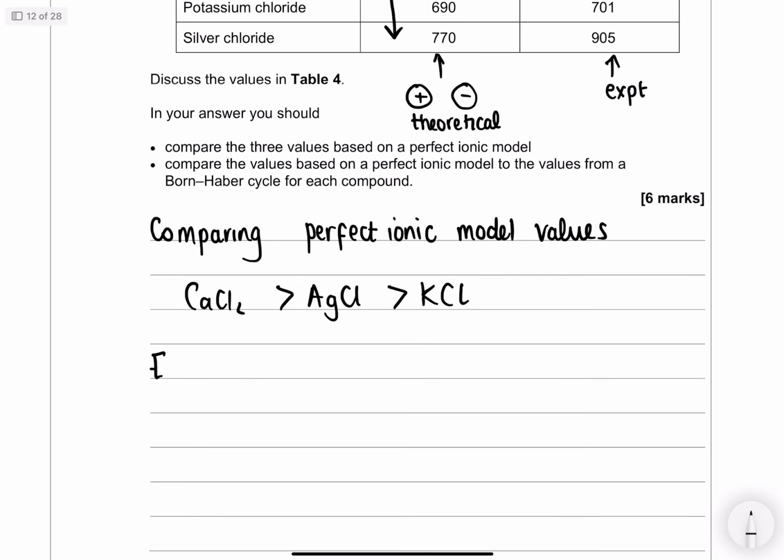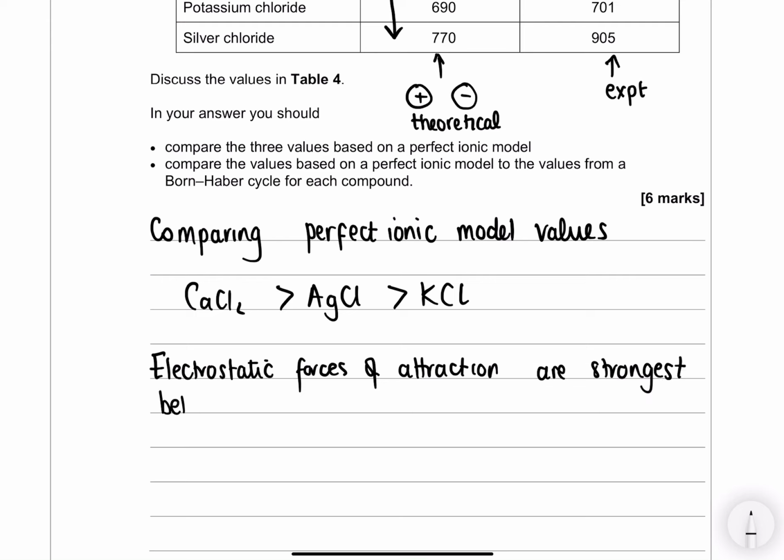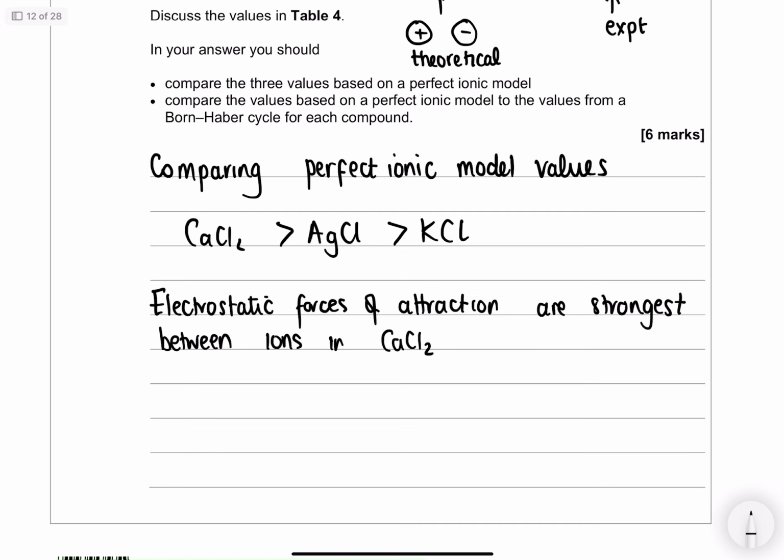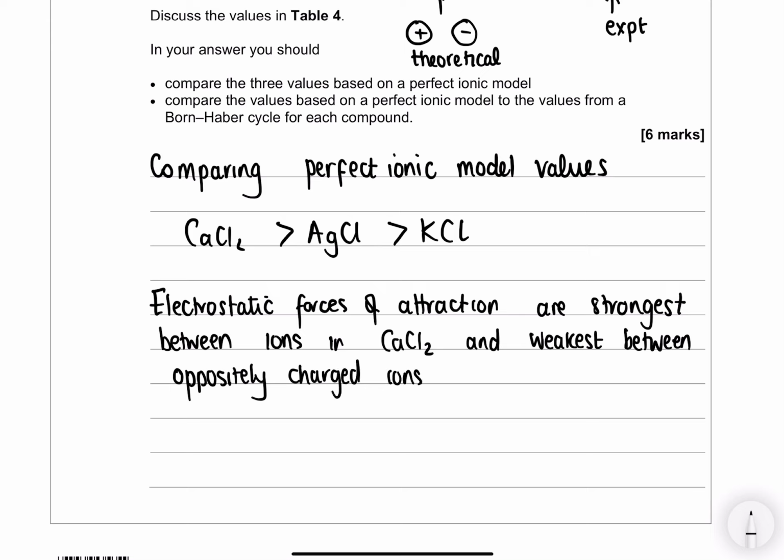What that says is electrostatic forces of attraction are strongest between the ions in calcium chloride and weakest between the oppositely charged ions in KCl. That's the first thing.